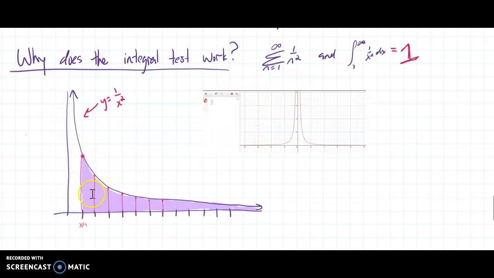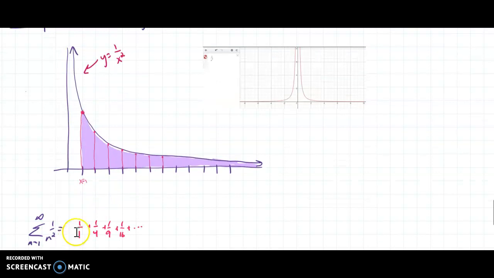So that means that this purple area under y equals 1 over x squared from 1 out to infinity is exactly 1. So what I can show is that because that is a finite value, these numbers here also have to be a finite value.